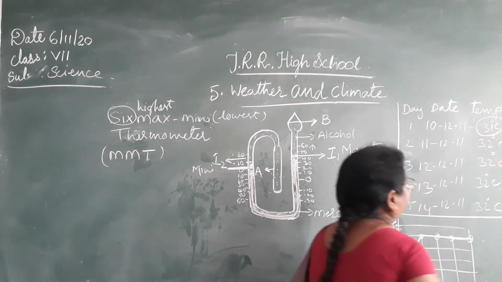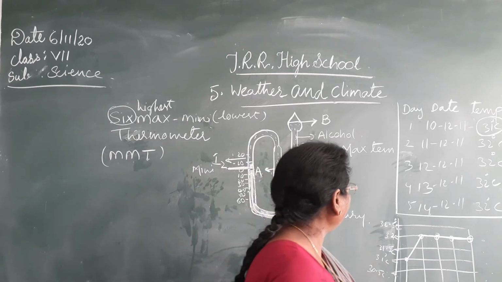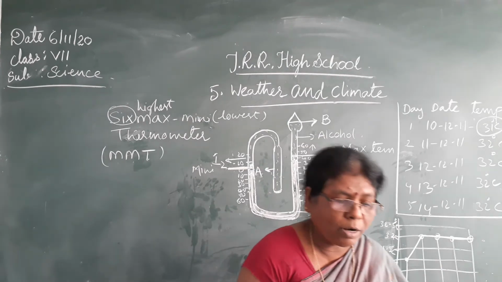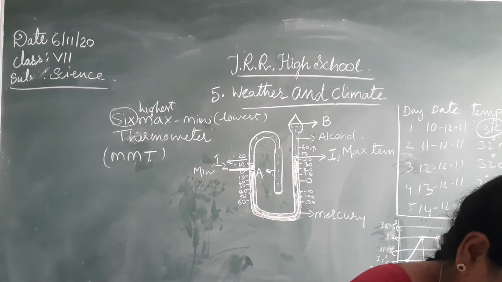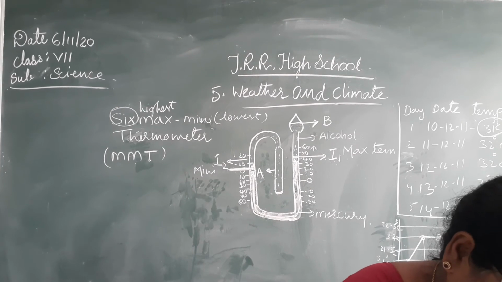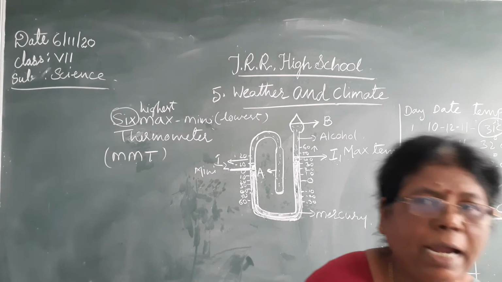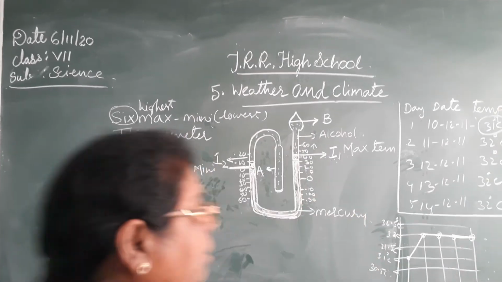On which days is the temperature highest, the maximum temperature? For 4 days, that is 2, 3, 4, 5. 4 days you are getting the highest temperature, isn't it? So in this way you make a graph with your observation and you can find out the temperature by using the graph.